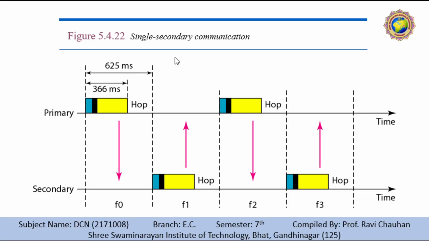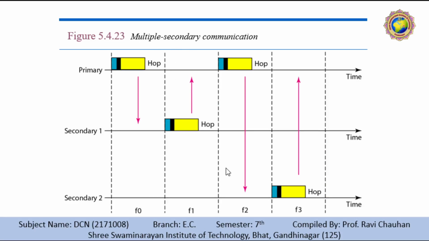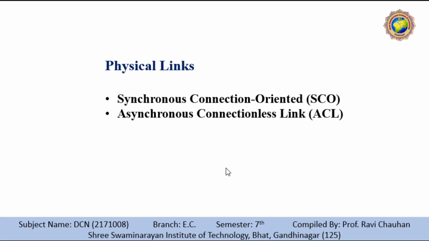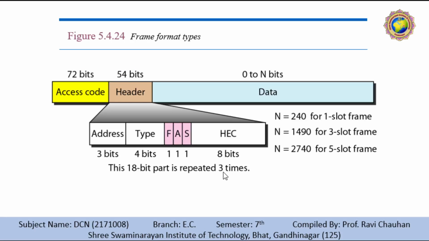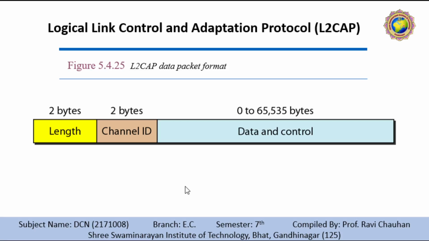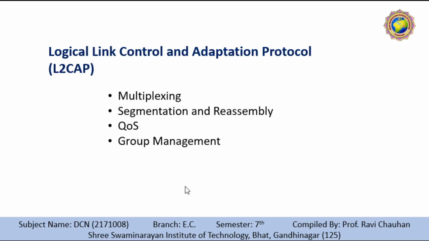We have discussed single secondary communication, then multi-secondary communication, 2 types of physical links, SCO and ACL, the frame format for Bluetooth, and the L2CAP data packet format and its roles in Bluetooth: multiplexing, segmentation and reassembly, quality of service and group management.